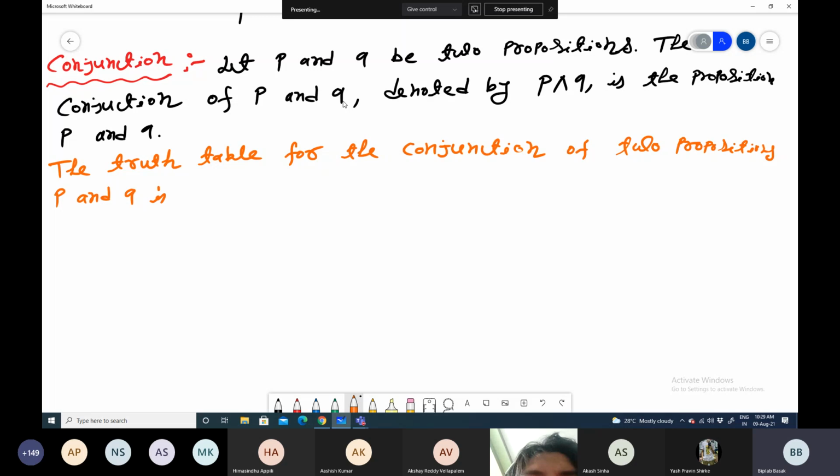So we need four rows: P true, Q true; P true, Q false; P false, Q true; and P false, Q false. So we need four rows.